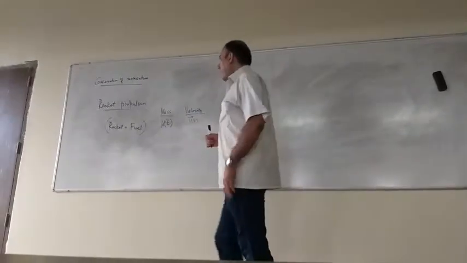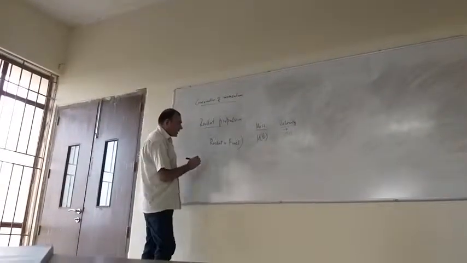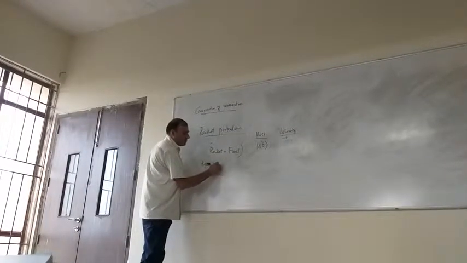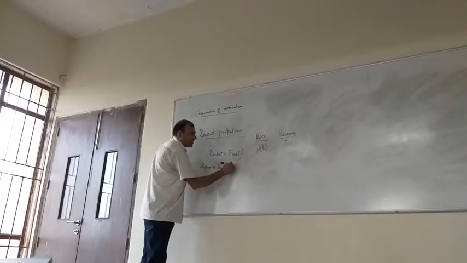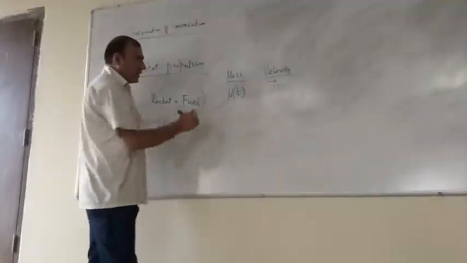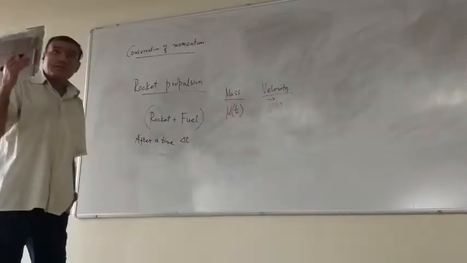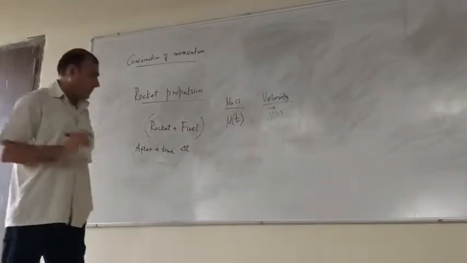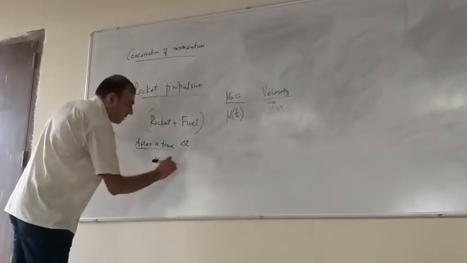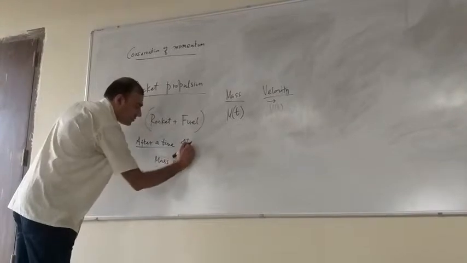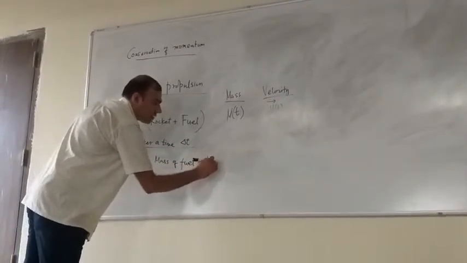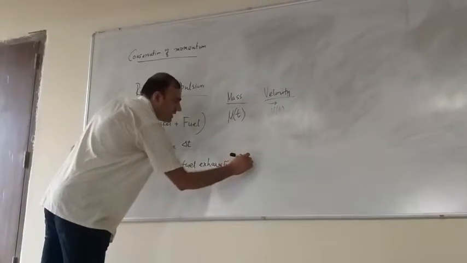So now, let's say after a small amount of time delta t, the mass of fuel that is burned, or exhausted, is delta m.